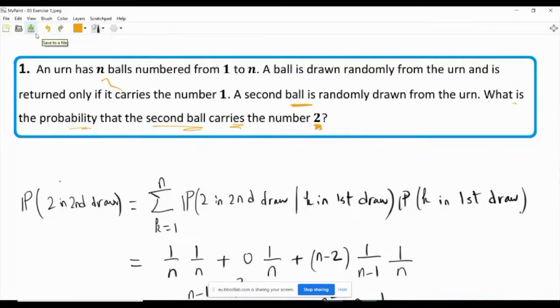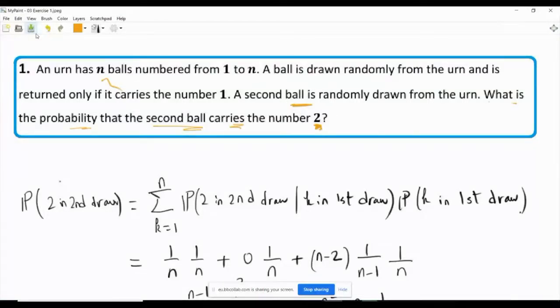Now here's why this event is not very straightforward. It's not straightforward because we are talking about the ball that is drawn the second time. The issue is that we are not very sure regarding the container, right? After the first draw, if you get a number 1, you will return the ball into the container, and in that case the container has the numbers from 1 to n.